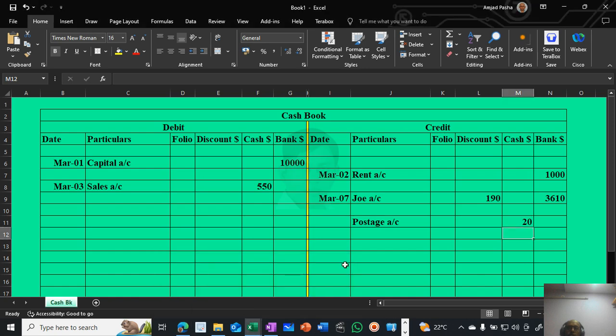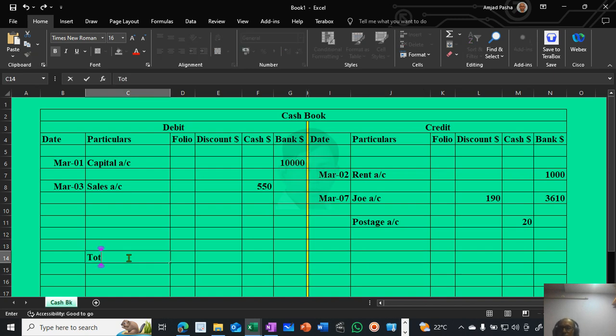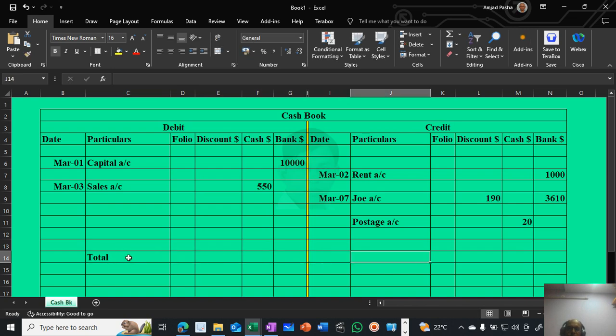So come to cash book. What we have to do: has everything been entered in cash book? Cross check once. Then you total it up.